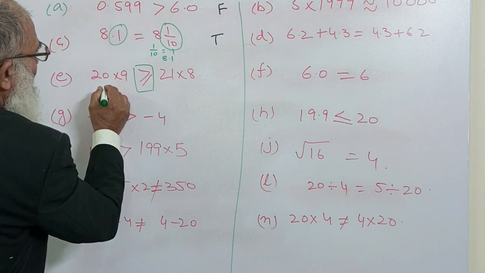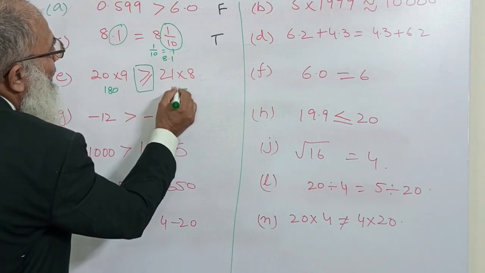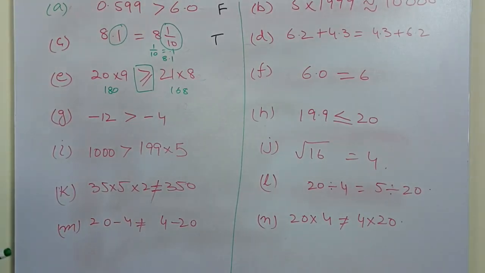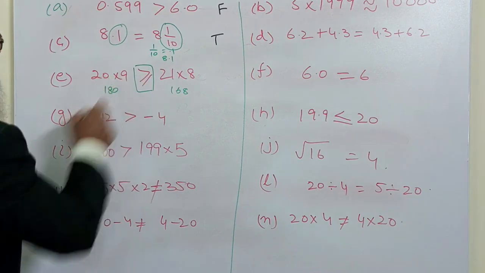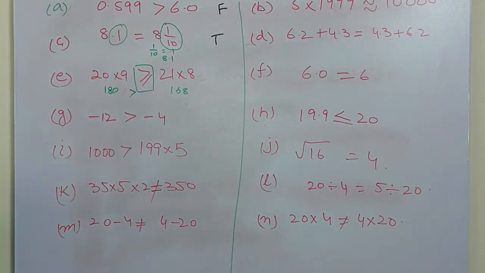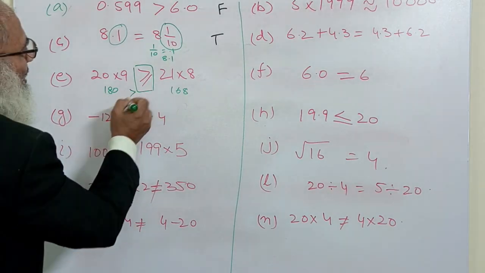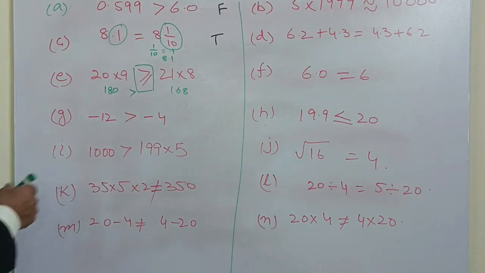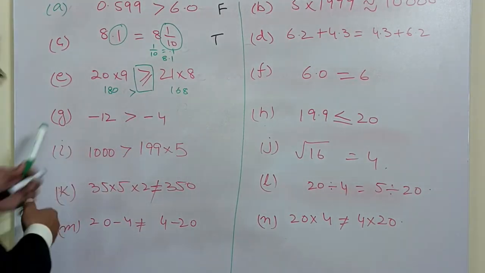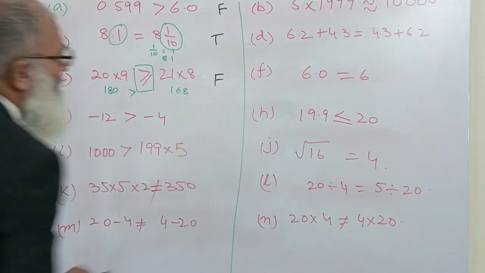Now see what comes over here, 180, and what comes 168. So only one condition satisfies this equation. 180 is greater than 168, but it is not equal to 168. Therefore, even if one condition does not satisfy, we'll say it is false.